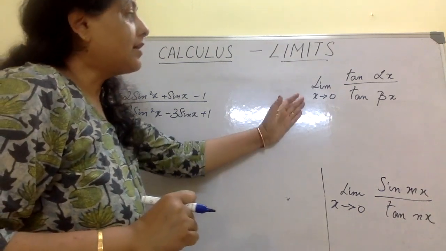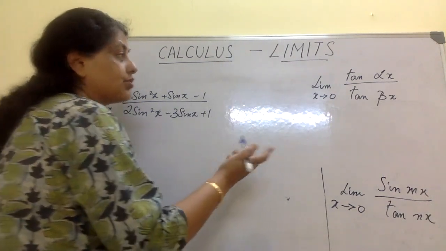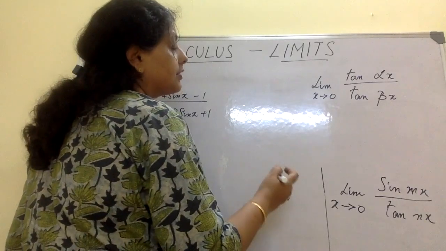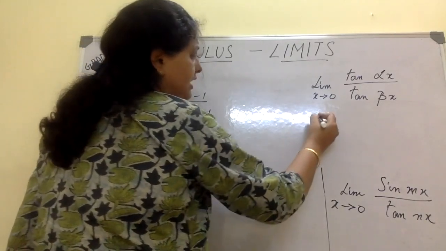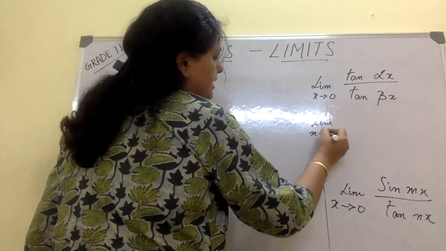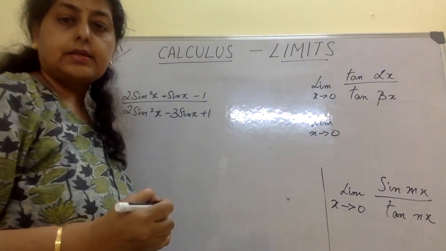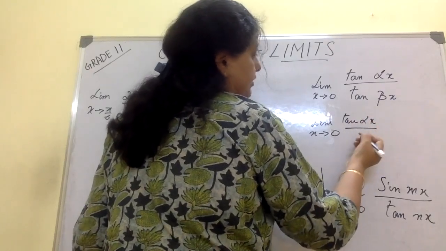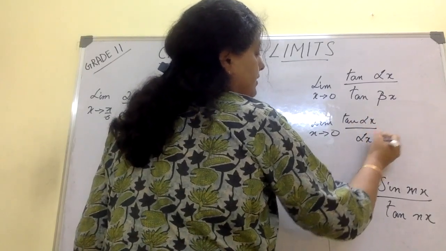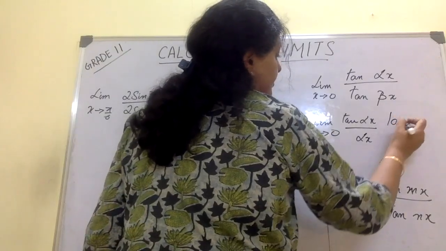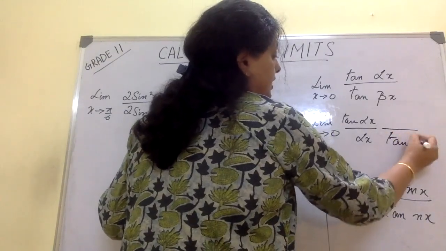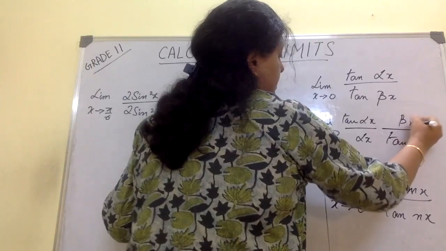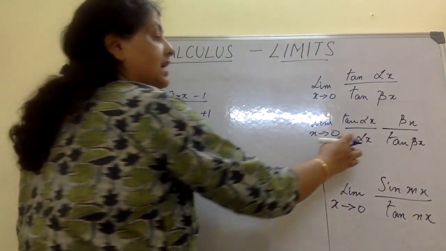Here tan alpha x by tan beta x, x tends to 0. What do we do? Here we can simply do limit x tends to 0 of tan alpha x by, we can put an alpha x here, and tan beta x, we can put a beta x here, but that is not enough because x and x cancel.